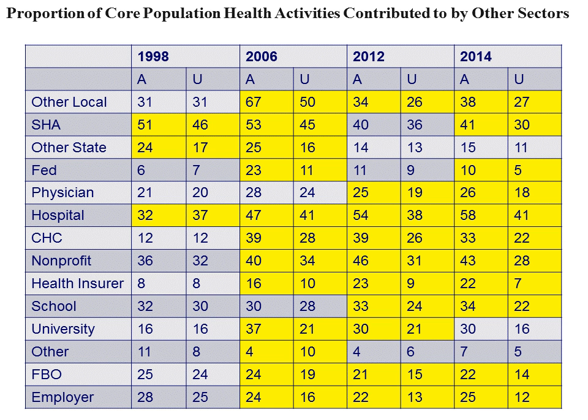In hospitals, in 1998, you see that hospitals seem to contribute more to population health activities in the unaccredited cohort, but then that flips in 2006 and continues to widen in 2012 and 2014.